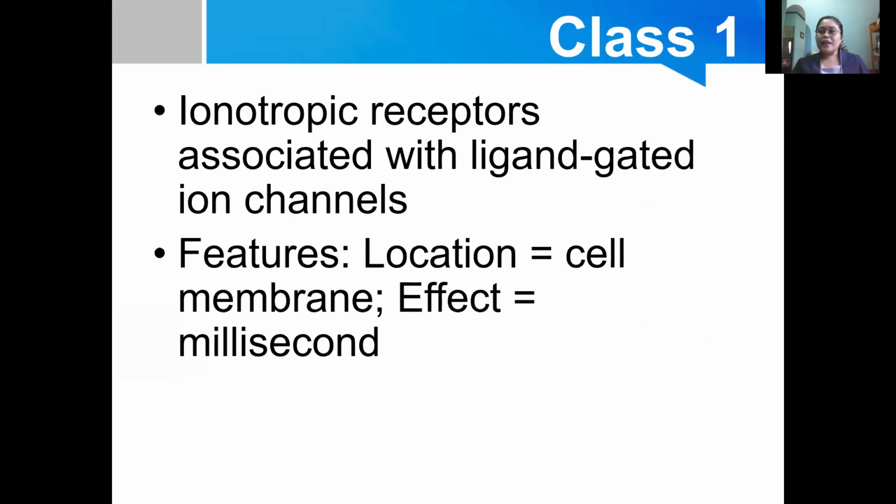So sa class 1, do not forget class 1 is also called the ionotropic receptors. They are ligand gated, meaning when the ligands bind with these receptors, there will be another channel na ma-open, and that is the ion channels.